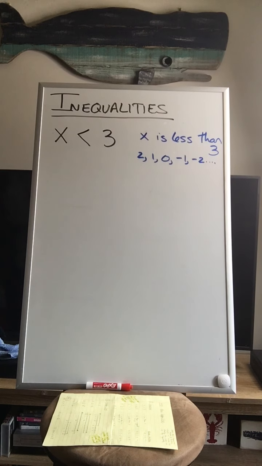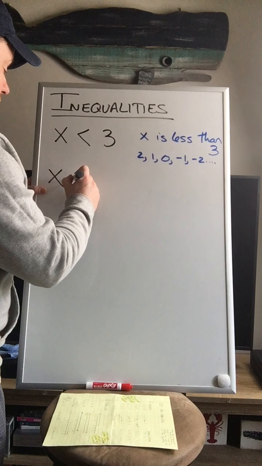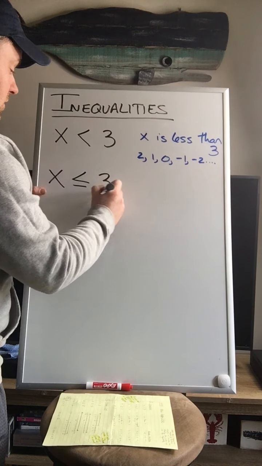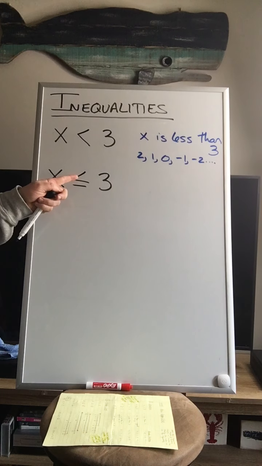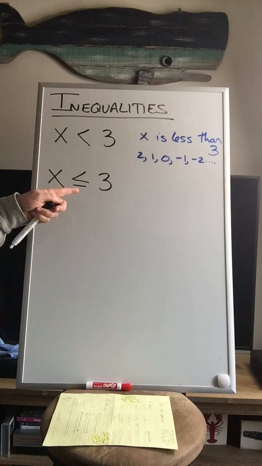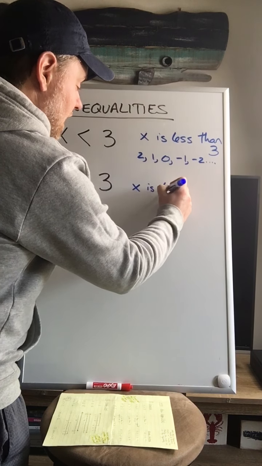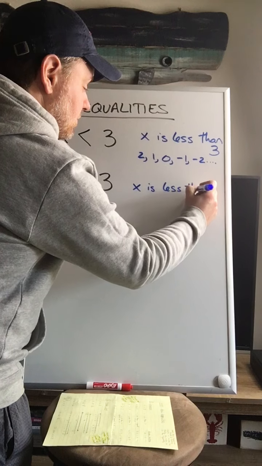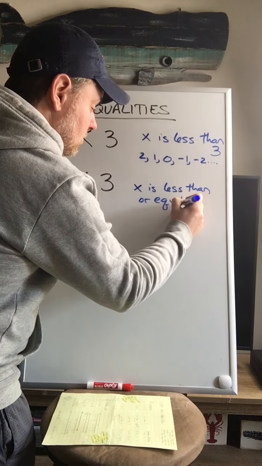Okay? Now, what if I made one change and I wrote this? Now notice the less than symbol has a little line underneath it. And what that means is that x is less than or equal to 3.